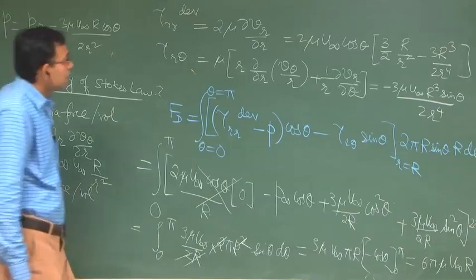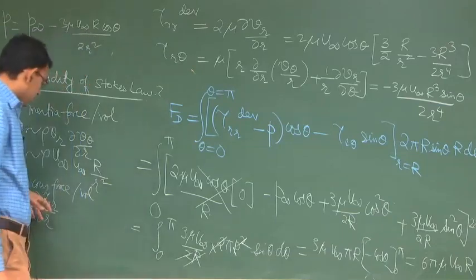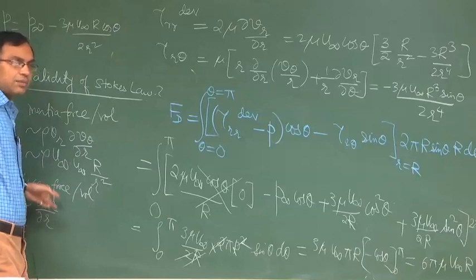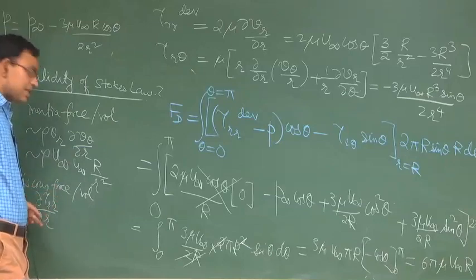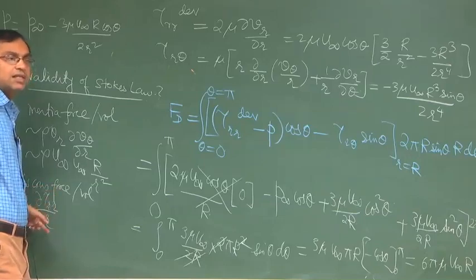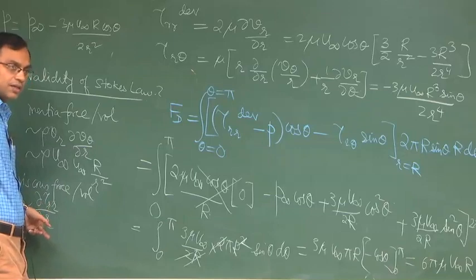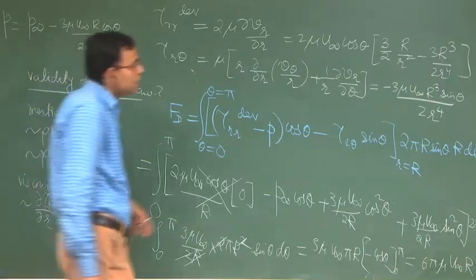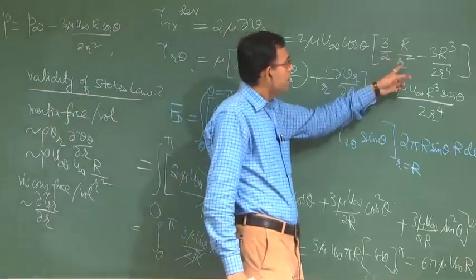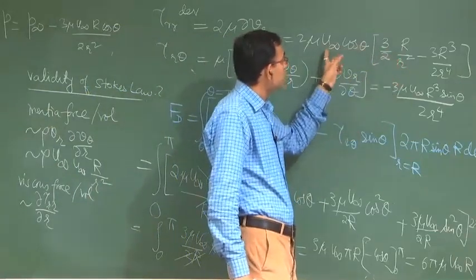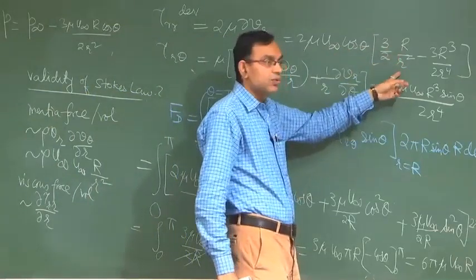Remember in the Cartesian system, in the index notation, the stress tensor is del tau ij del xj. So, here that del xj becomes r. Okay. So, when you differentiate this with respect to r, it becomes of the order of mu u infinity r by r cube.